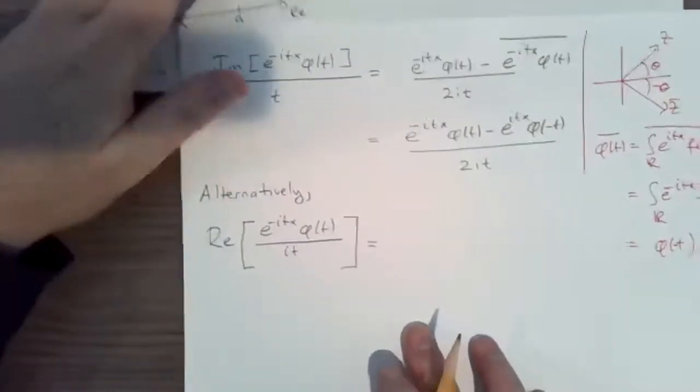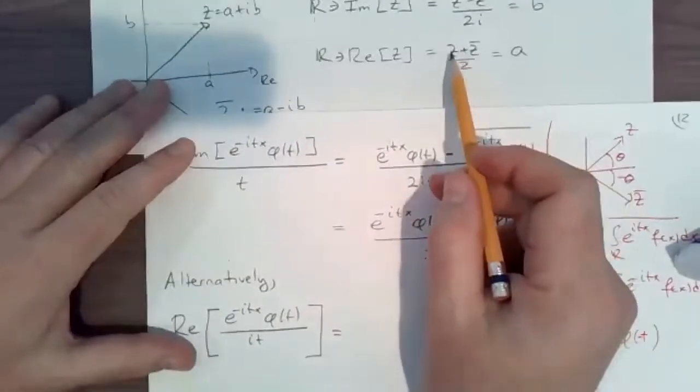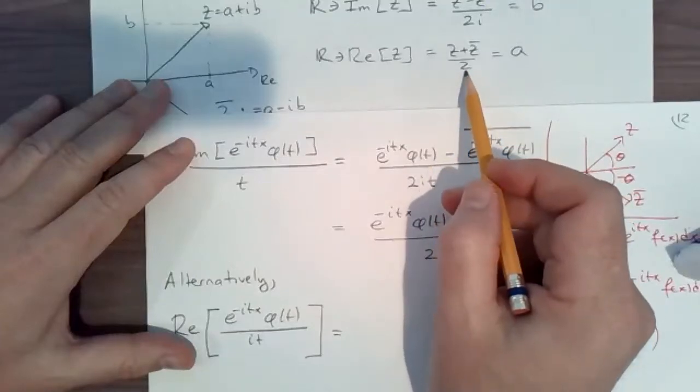Use the formula we had. The real part, I would have to add up the two conjugates, divide by 2.